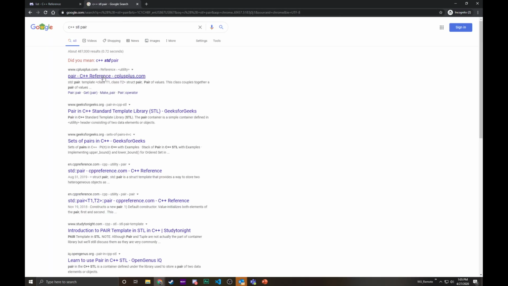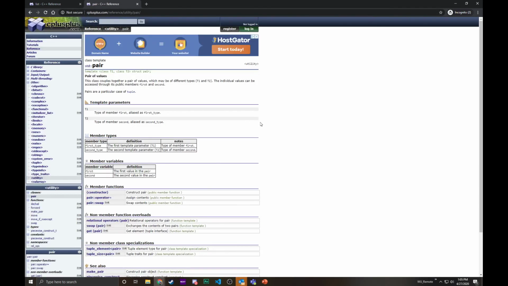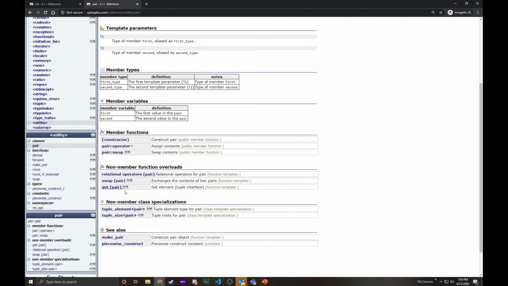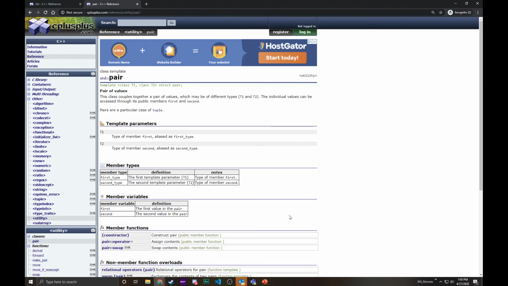Yeah, I think it's very similar. I just want to look at what they have: swap, relational operators, swap, and get. It just says first, second type. No, it's basically the same.